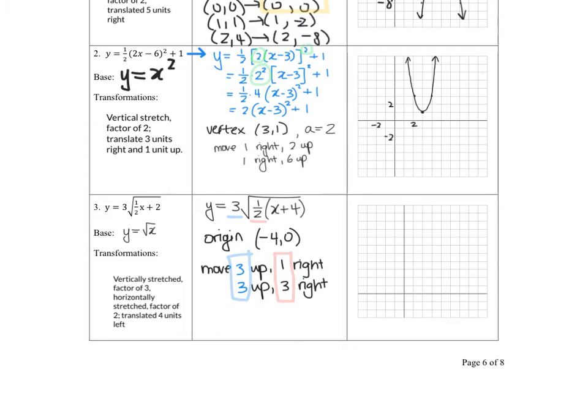So instead of 1 unit to the right or 3 units to the right, I'm now going to be moving 2 units to the right and 6 units to the right. Okay. So this is all starting from my origin at negative 4, 0.